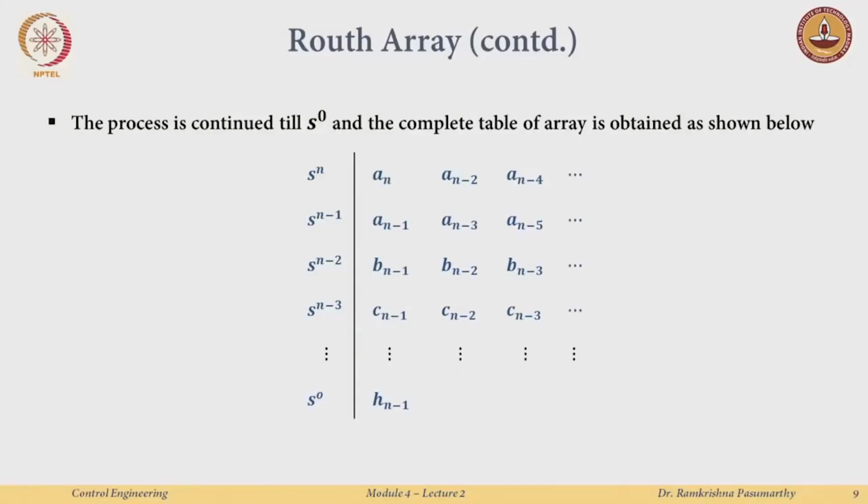You can just keep on computing this array until you reach s power 0, and you just look at this column and check if there are any sign changes. If there are no sign changes, then my system is stable. If there are sign changes, then there are roots of the characteristic equation on the right half plane. How many are there will depend on the number of sign changes.